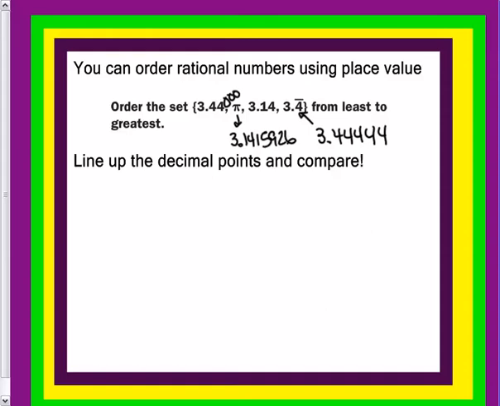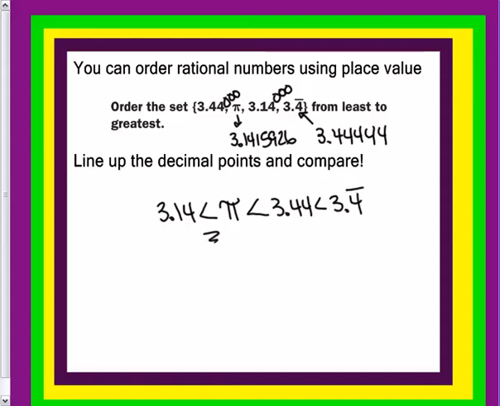Remember, these could have zeros trailing off forever. Okay, so if you look at these numbers, who would be your least? 3.14. Who would then come next? Pi. Who would then come next? 3 44/100, and then 3 4/10 repeating.